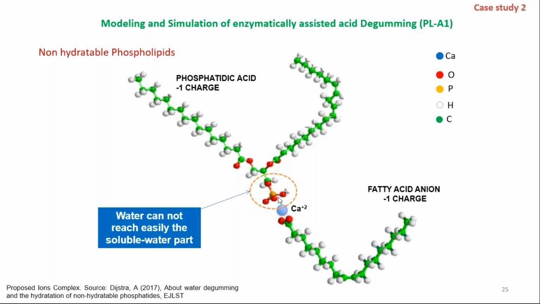It's not easy to be reached by water, and I would say it is practically impossible to remove the phospholipids from the oil using only water, and that is why we use acid.